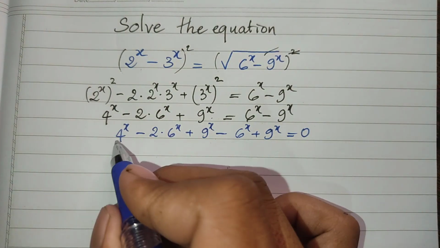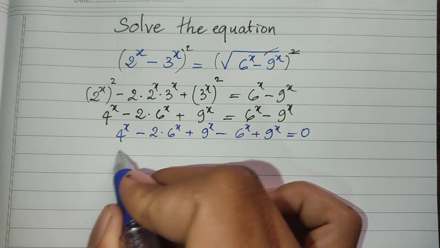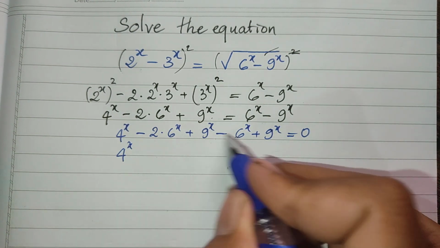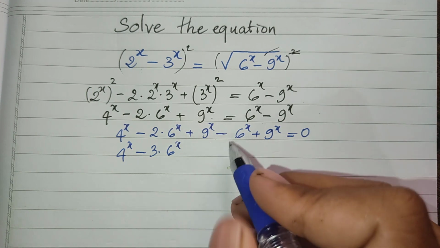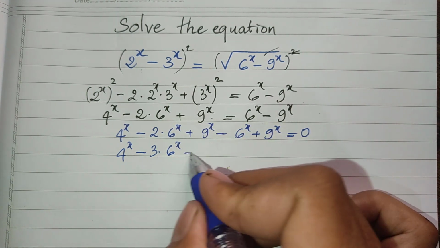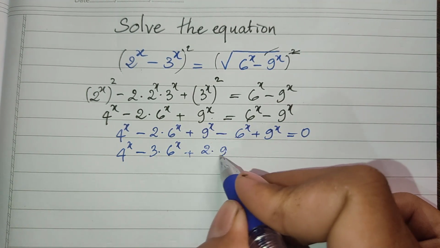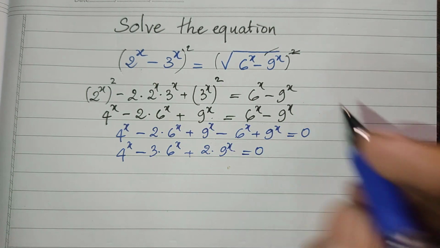Okay, now 4^x we can write as 4^x, and then minus 3 multiplied by 6^x, and adding we get 2 multiplied by 9^x equals 0.